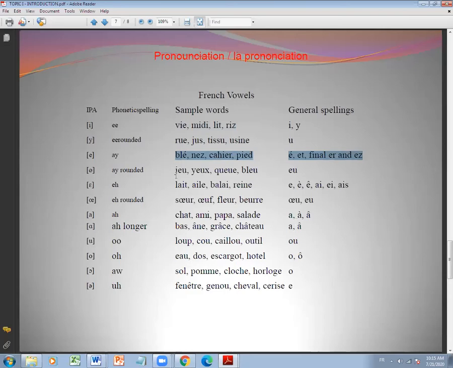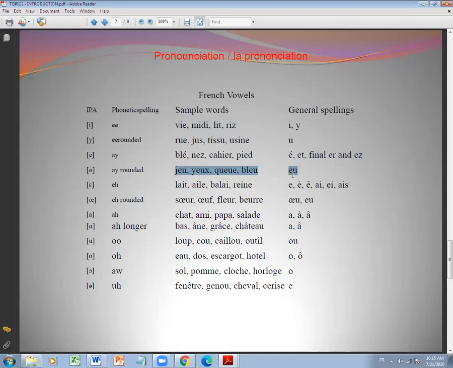Then the next one. Yeux. Good. Remember, letter Y is letter I. It has to be "io."